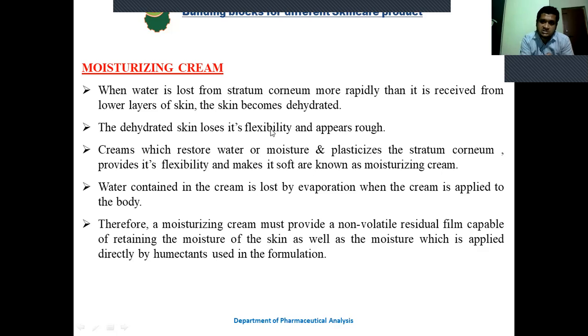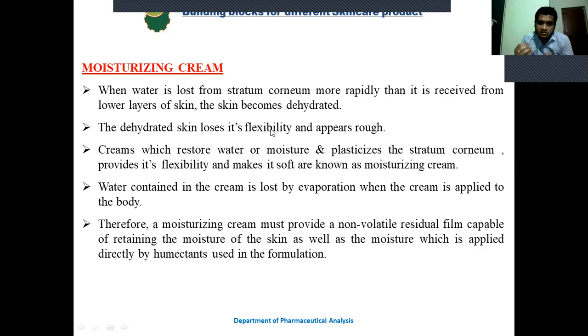The water will come to the stratum corneum and then get lost. So continuously the water is taken from the deeper layer, comes to the stratum corneum, and is lost again. So the skin continuously loses its moisture rapidly and becomes dehydrated.